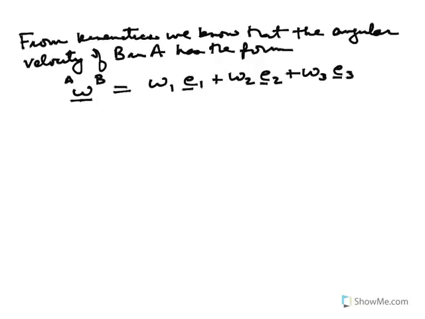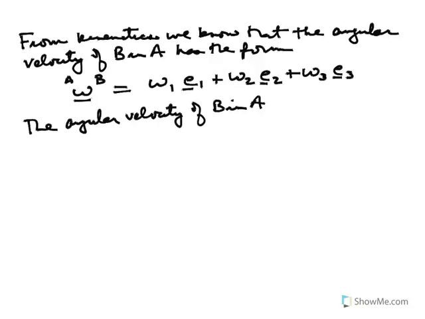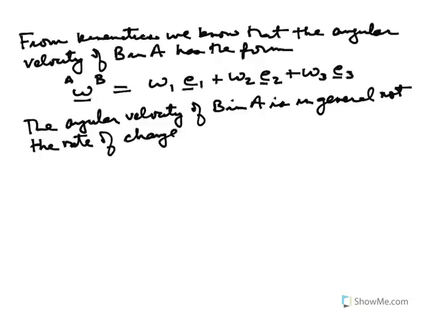Now, what's important about this is that this angular velocity is not the rate of change of some other vector. This is a very important point with regard to rotations, which doesn't apply to translations, is that the angular velocity of B in A is, in general, not the rate of change of some other vector.